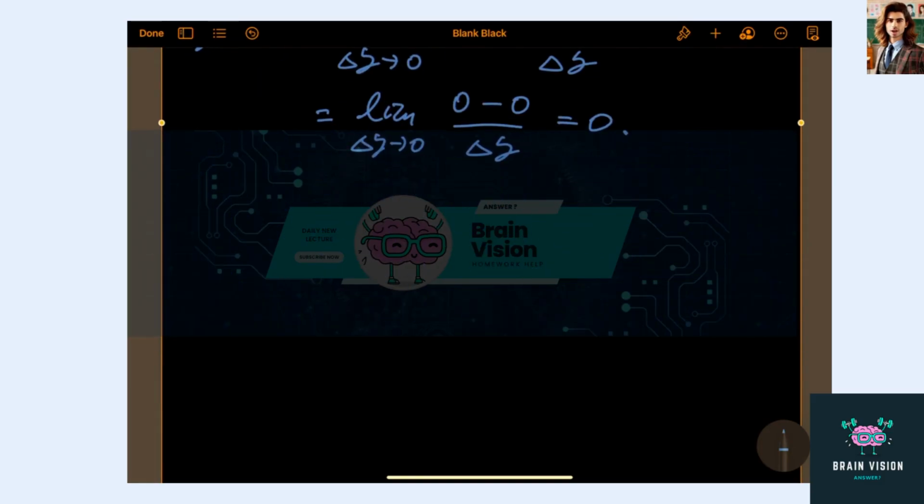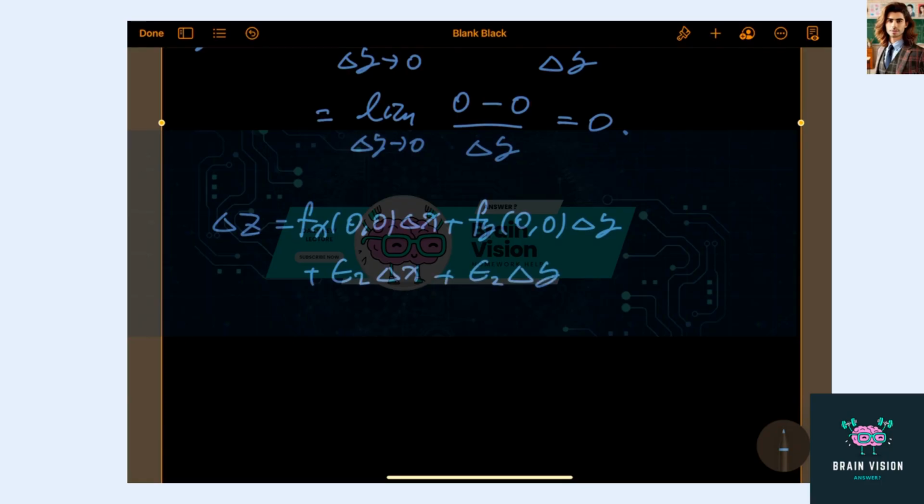If the function f is differentiable at (0, 0), then the function needs to satisfy the equation delta z equals fx(0, 0) delta x plus fy(0, 0) delta y plus epsilon 1 delta x plus epsilon 2 delta y, where epsilon 1 and epsilon 2 approach 0 as (delta x, delta y) approaches (0, 0).